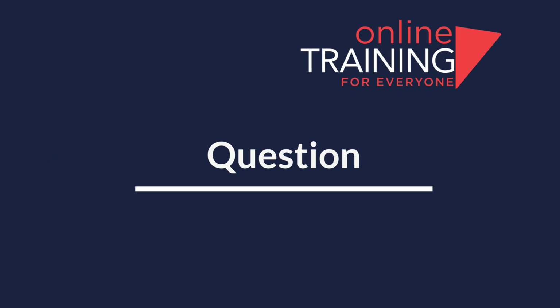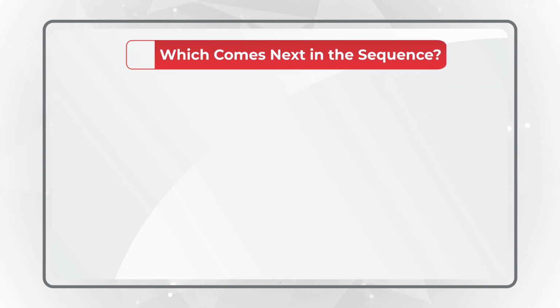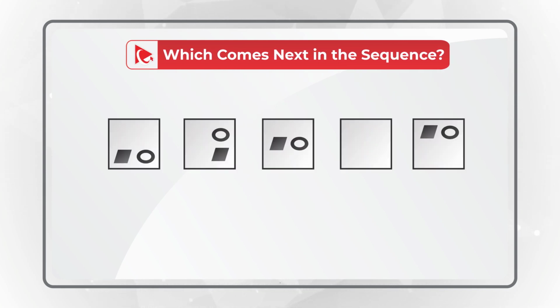I love this question because it really makes you think in order to get to the correct solution. You need to determine which shape comes next in the sequence, and you're presented with a series of 5 shapes. Squares 1, 2, 3, and 5 have other, smaller shapes inside, and you need to determine shape 4.